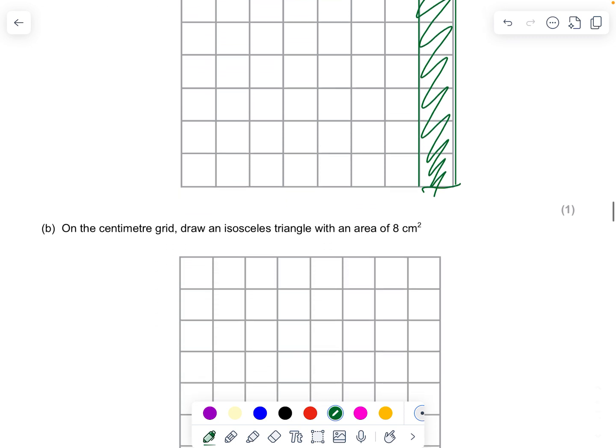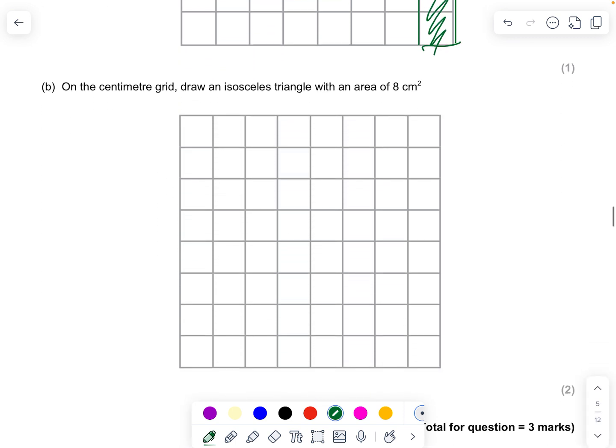centimetres squared. Now, an isosceles triangle with an area of 8 centimetres squared. Now, remember, in the first place, we always divide by 2. So we always halve it. So we wanted something that would multiply to give us 16. So we could have had 2 as a base.